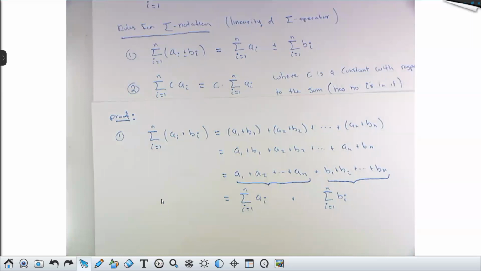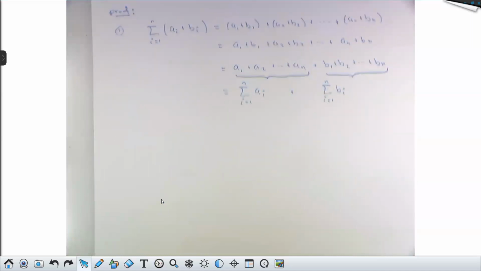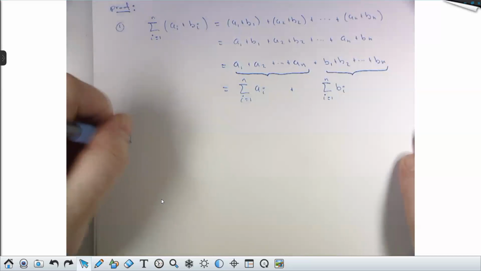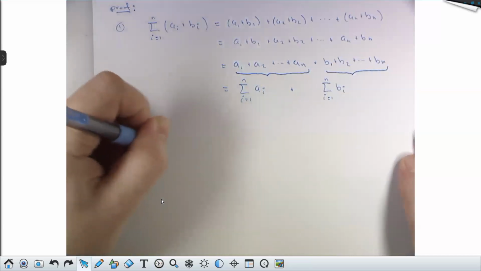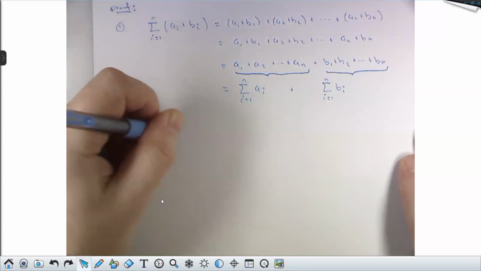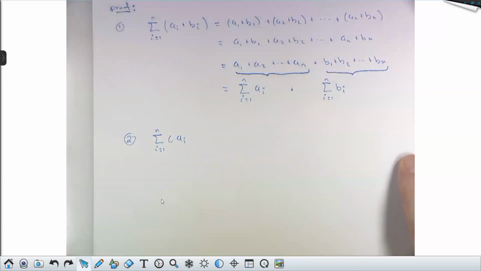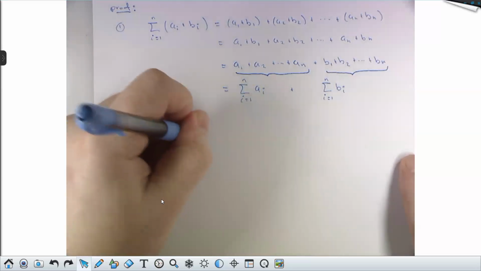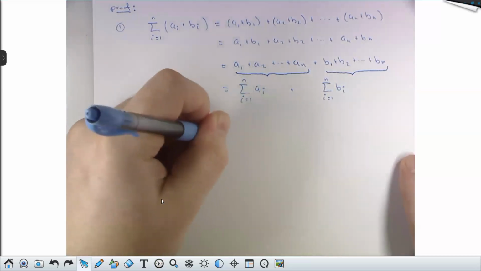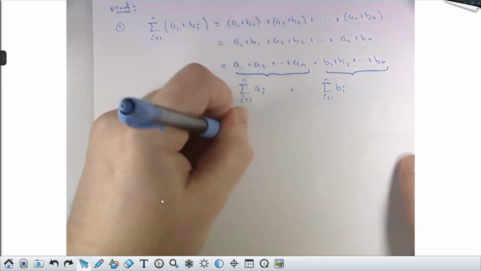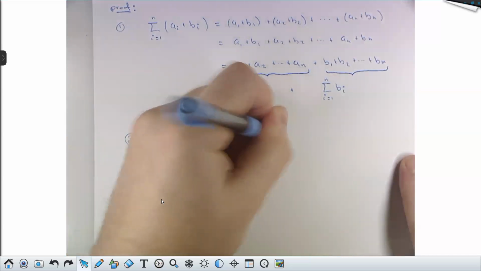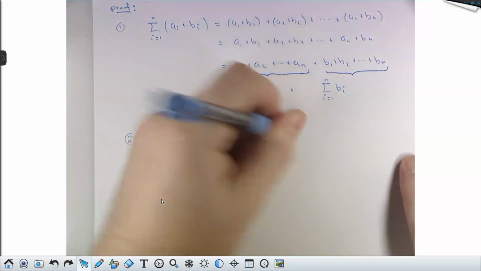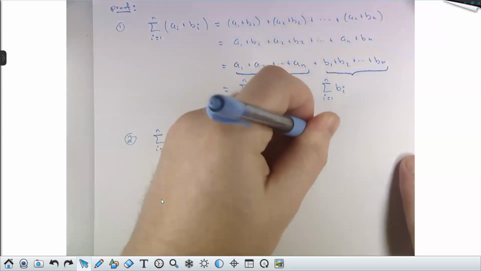The proof of the second item is also not difficult. Sigma i from 1 to n of c times a_i is by definition c times a1 plus c times a2 plus on and on and on until we get to c times an.